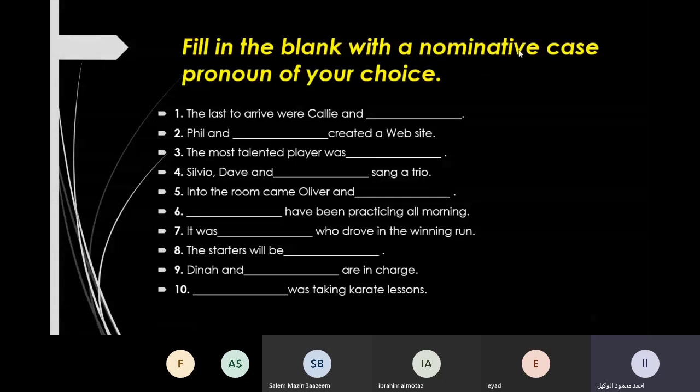When I ask you to write a nominative case, do not write an objective case. Nominative case means the subject pronoun. So fill in the blank with a nominative case pronoun of your choice. The answer may vary according to your choice, from I, we, you, they, he, she, and it. Any one of the pronouns would be okay.